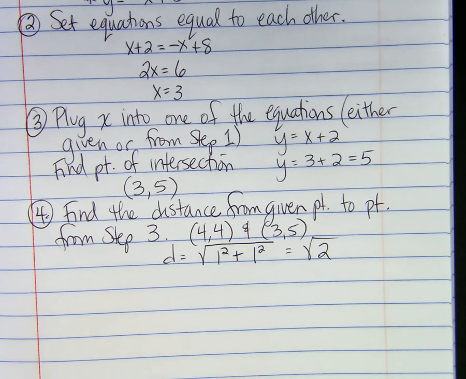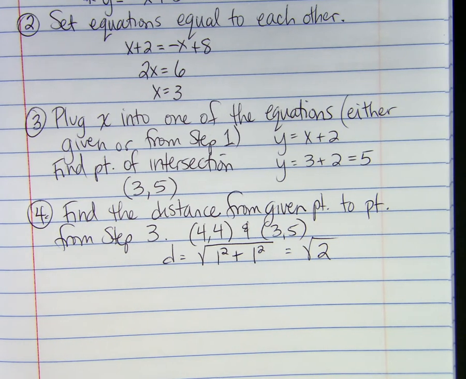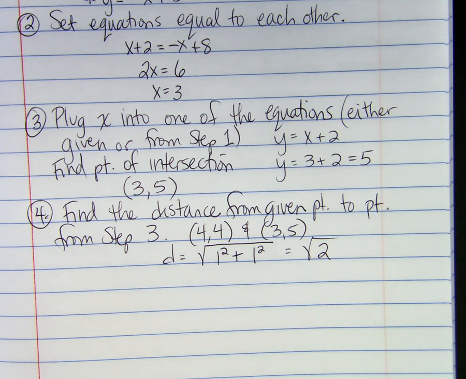There's another one that says the perpendicular segment from a point to a plane is the shortest distance between, that pretty much just says the same thing, shortest segment from the point to the plane.